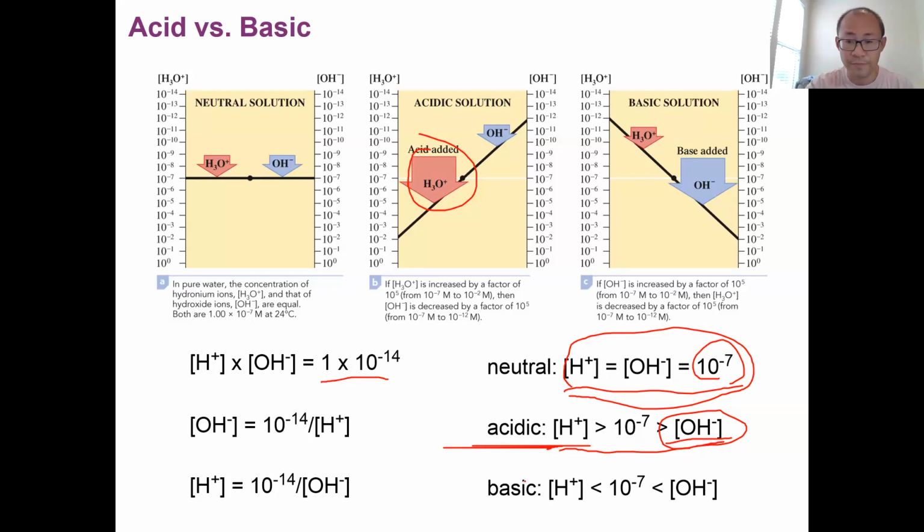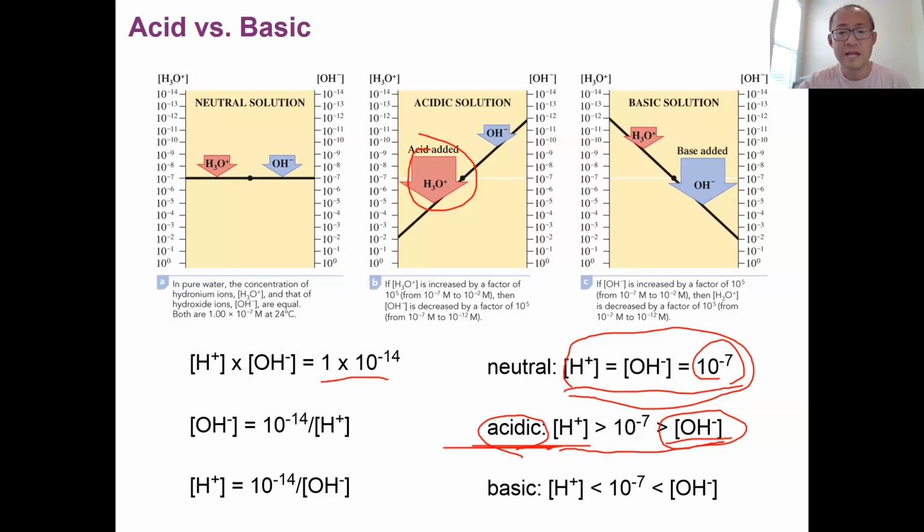We call the solution acidic. So now you know that when you have an acidic solution, it doesn't mean you only have protons. You have both. The only reason we classify a solution as acidic is because the proton concentration is higher than the hydroxide concentration.